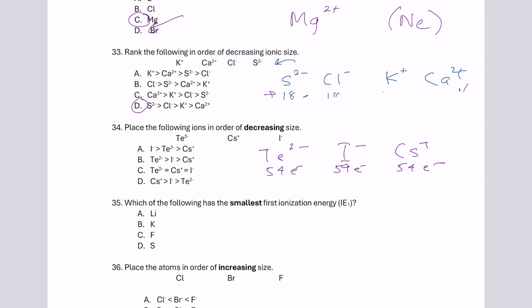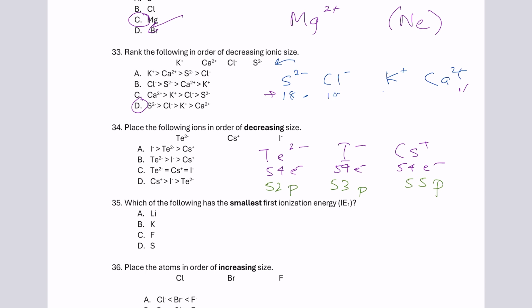Tellurium has 52 protons. Iodine has 53 protons, and cesium has 55 protons. The protons are going to pull the electrons inward. Since protons pull electrons inward, a higher proton count results in a smaller ion.